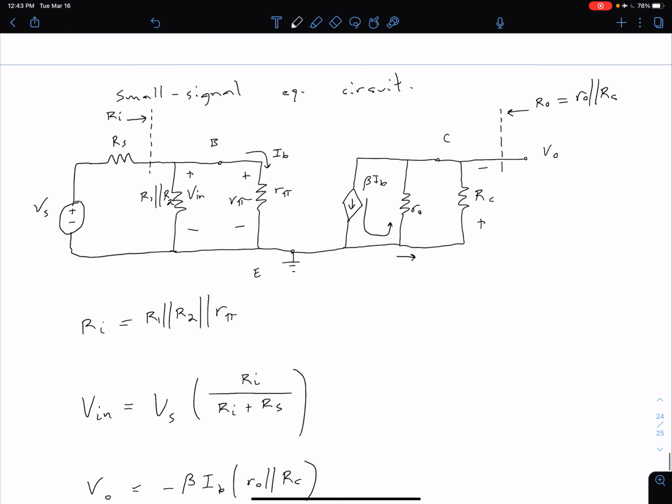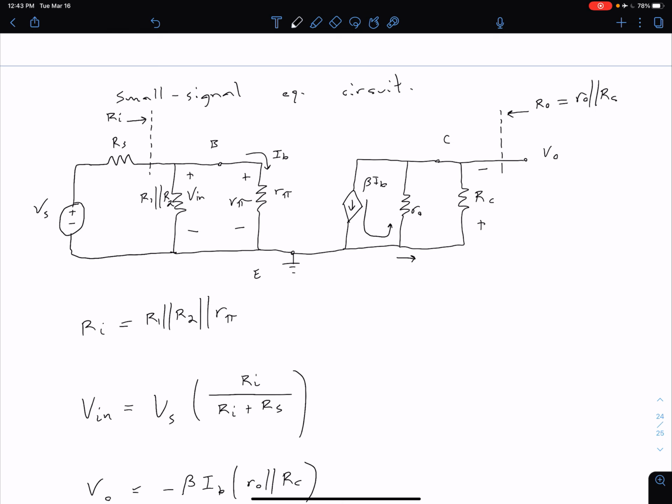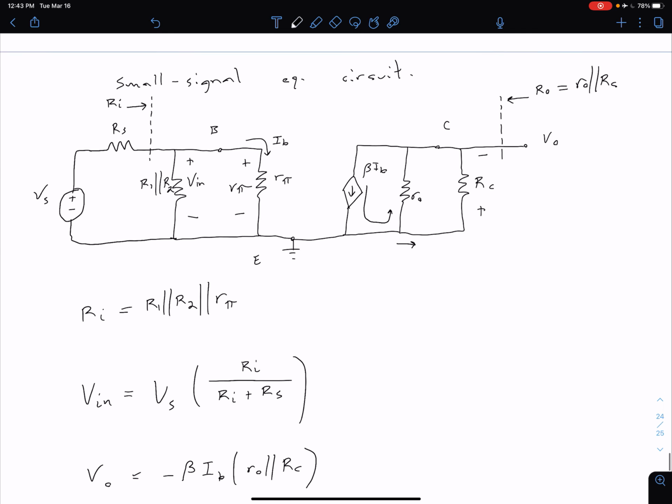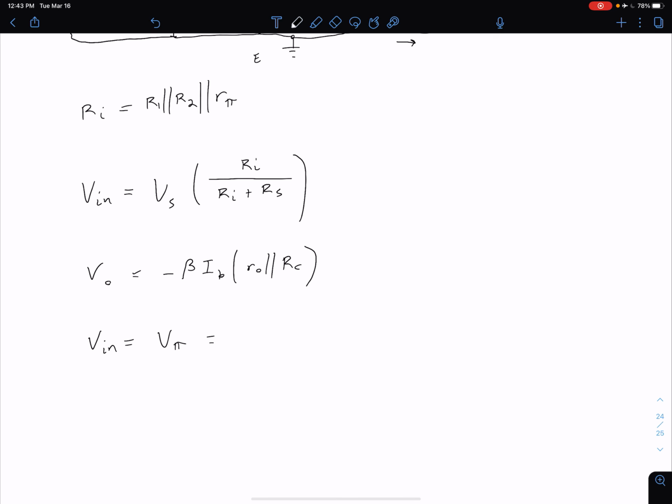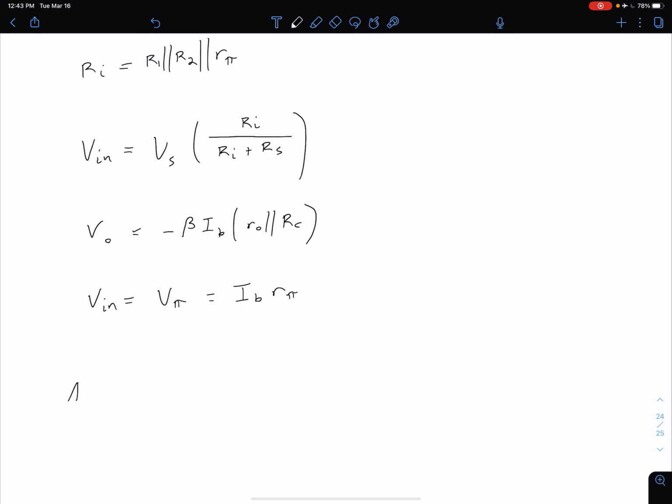And then looking at this diffusion resistance R pi right here, we can see that V pi is just equal to IB times R pi. So what we want to do now is put all of this information together. Of course our small signal voltage gain, AV, is going to be equal to output divided by input.